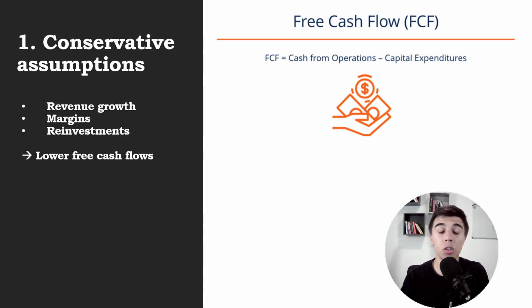I have not heard that anyone is complaining because their investment did too good, right? At least not yet, and probably not in the future as well. And you can use more conservative assumptions about any topic, right? At the end, it all boils down to having lower estimated cash flow. So that is one option that you have to apply this margin of safety in your valuation.